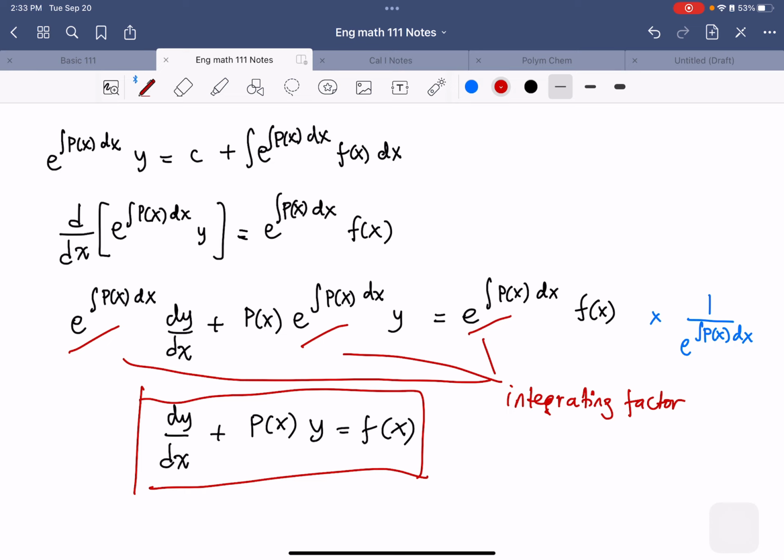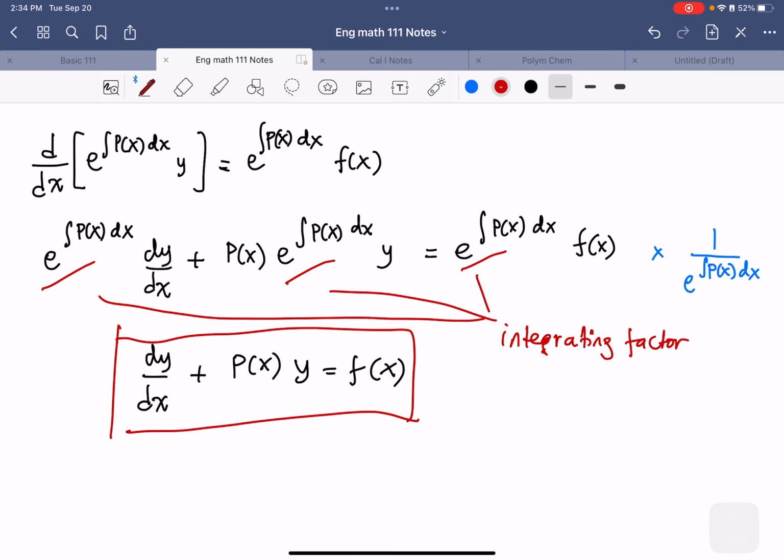So I think I can give you some examples. For notes, this integrating factor, sometimes in different books, has different symbols. Sometimes they use mu, sometimes r or p.